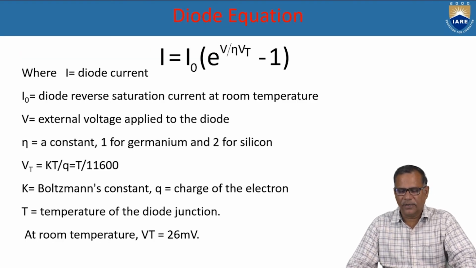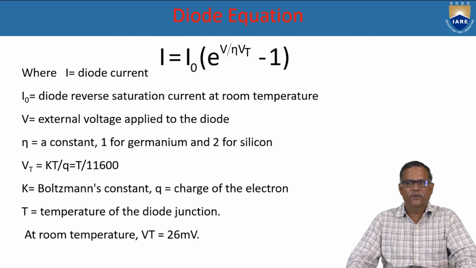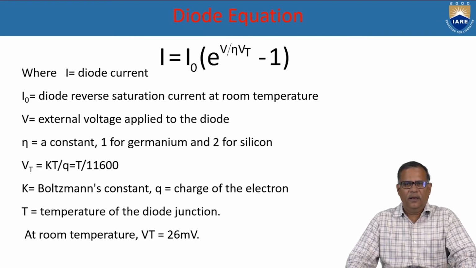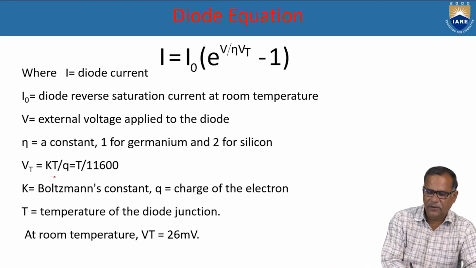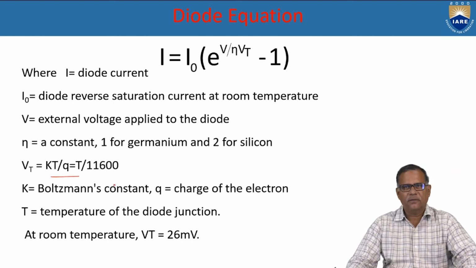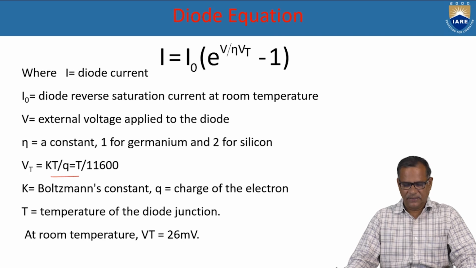And this is the diode current equation: I is equal to I naught into e power V by eta Vt minus 1, where eta is a constant, equal to 1 for germanium and 2 for silicon. Vt is the voltage equivalent of temperature, which is kT by Q, or this can also be calculated as T by 11,600.